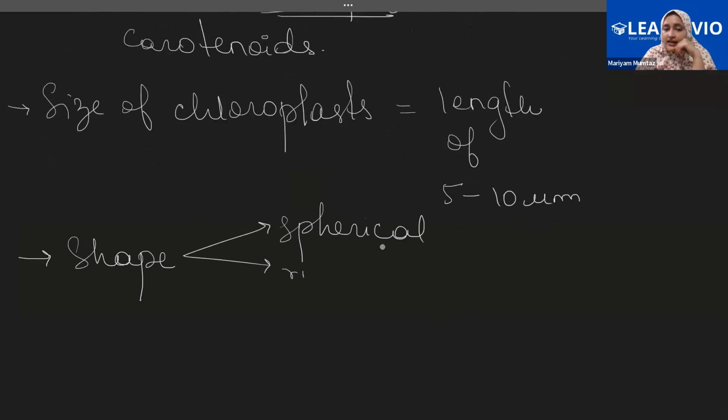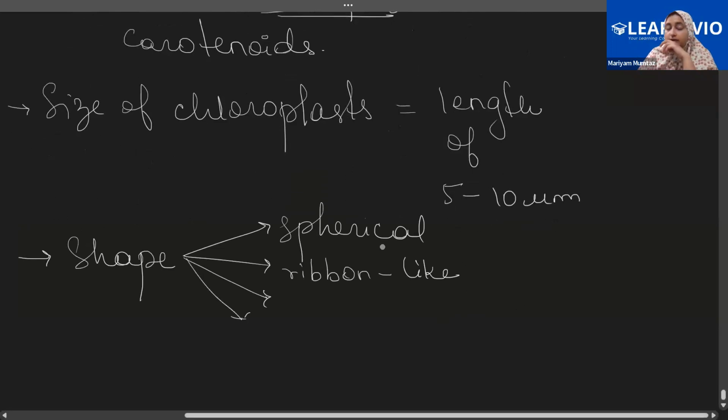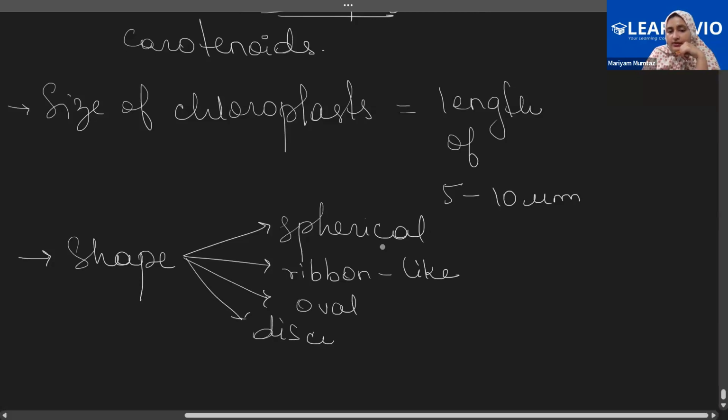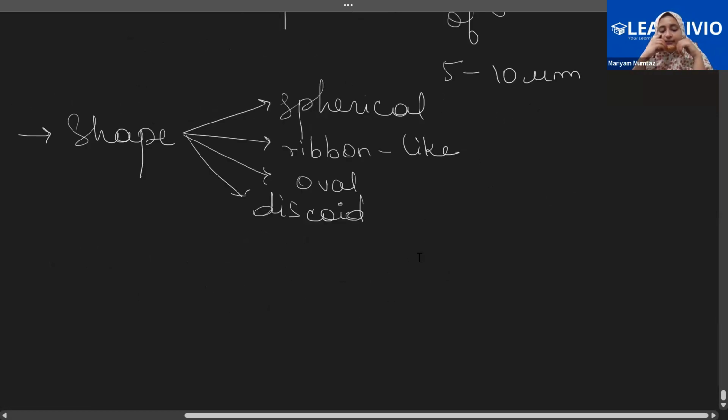Apart from that, there are ribbon-like chloroplasts also. They are lens shaped or discoid, so oval, discoid, discoid means disc-like structure. So all of these are the shapes in which the chloroplast exists.